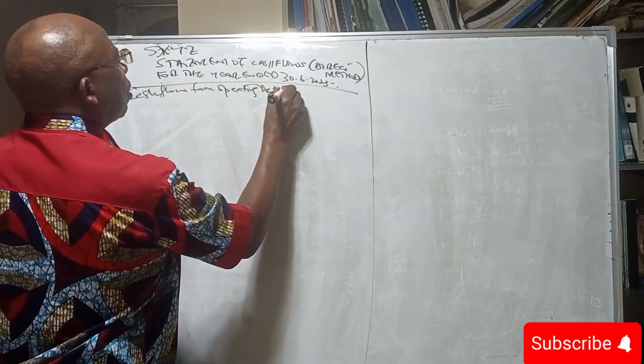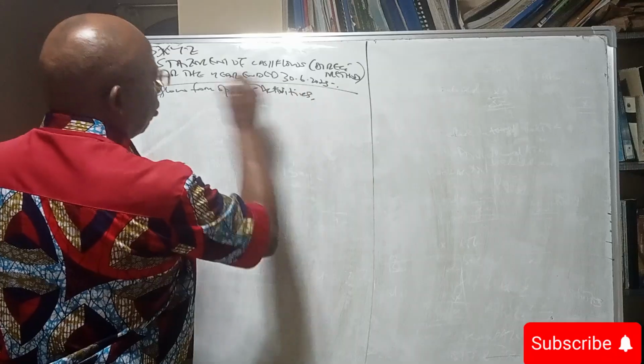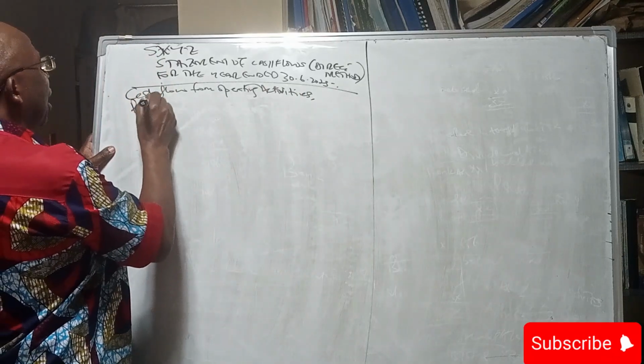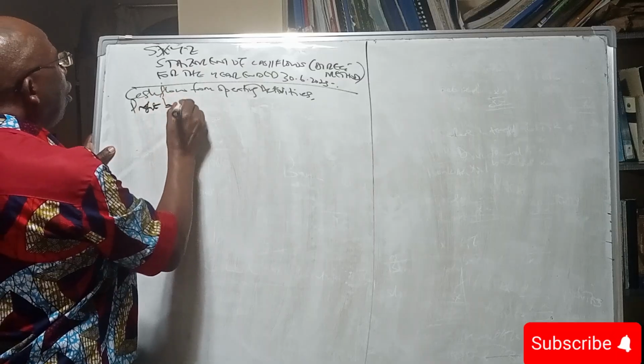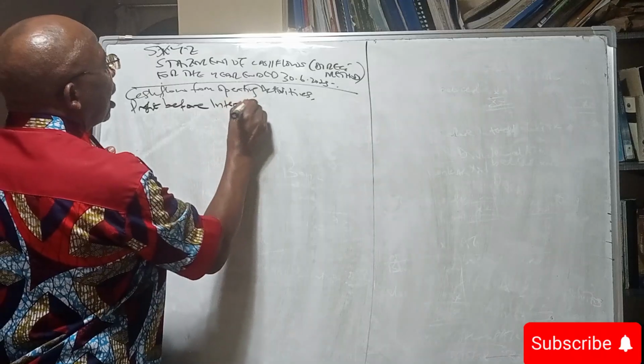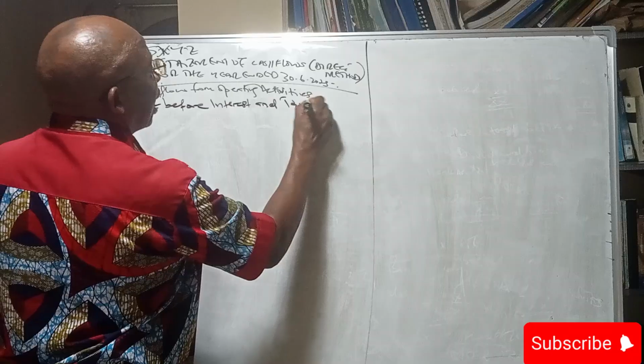Cash flow from operating activities. And we start with profit before interest and taxes. Profit before interest and taxes.